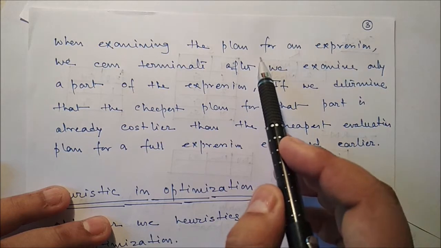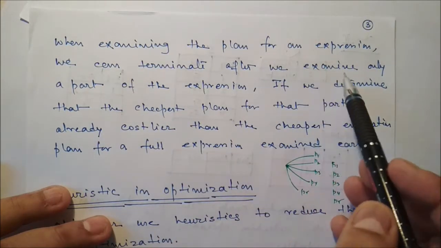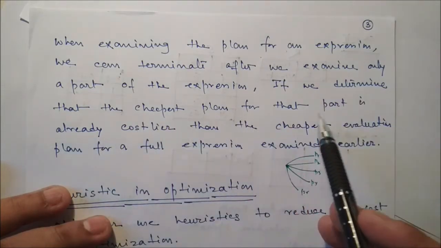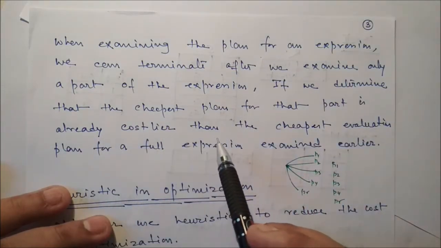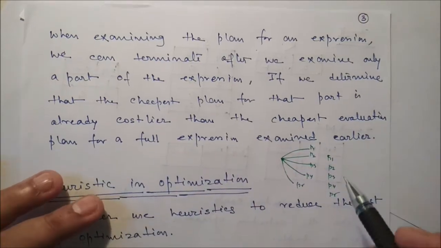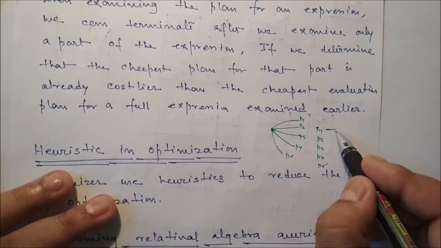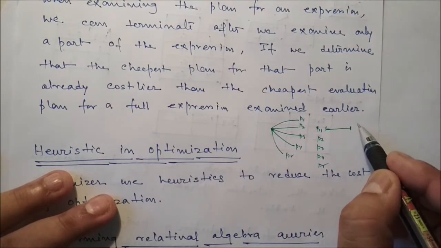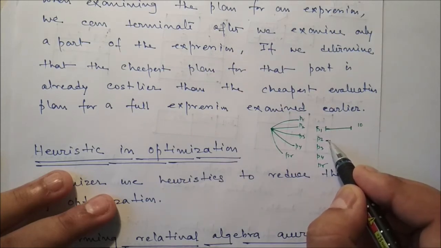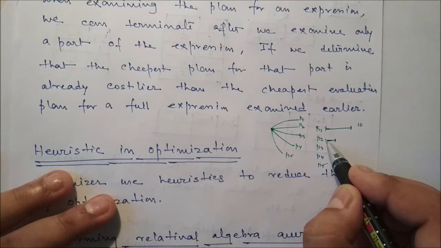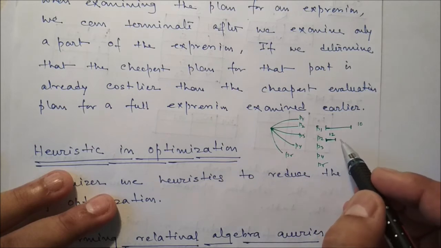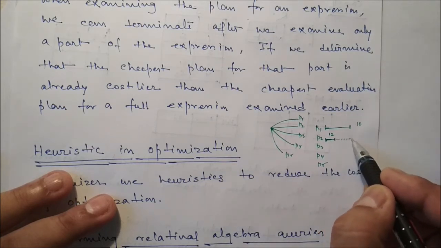When examining the plans for an expression, we can terminate after we examine only a part of the expression, if we determine that the cheapest plan for that part is already costlier than the cheapest evaluation plan for a full expression examined earlier. Let's suppose here the total execution cost is 10, for example. Now suppose we are evaluating this one. We have completed only this particular part, and already the cost is 12.